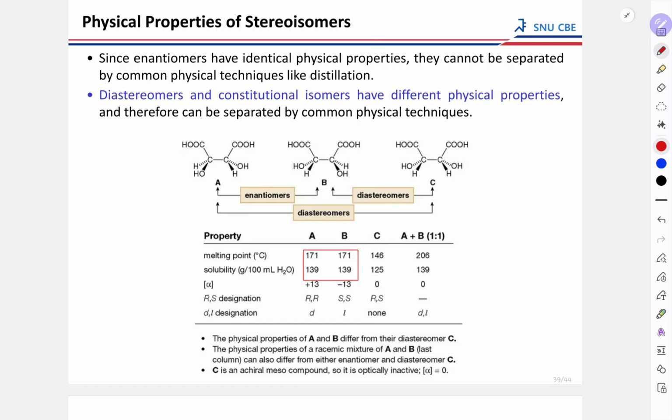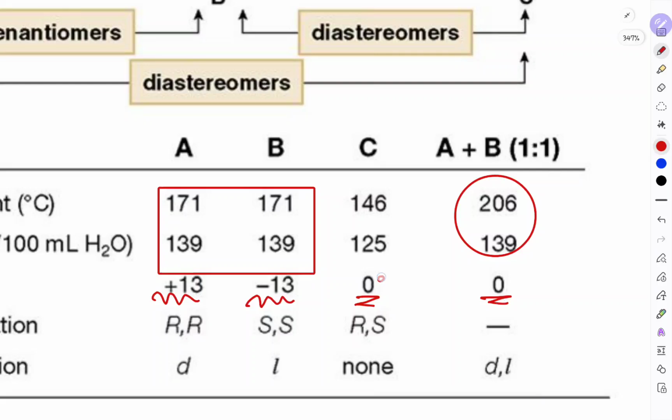This also gives different numbers from A, B, and C. It's a unique set of numbers. What about the optical properties? For the specific rotation, A gives the same magnitude but the opposite sign from B. C and the racemate will give you 0. C is not optically active, and the racemate is also not optically active in this case.